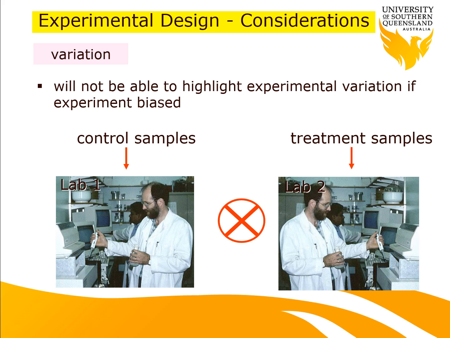One way to control for unwanted variation is to think, in an experimental situation, about how you're measuring your different individuals and groups. Say in this example we have two different labs and we have to use some different chemical reagents to measure whatever it is we're interested in.